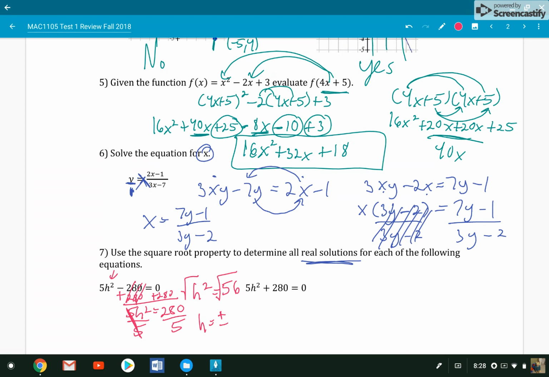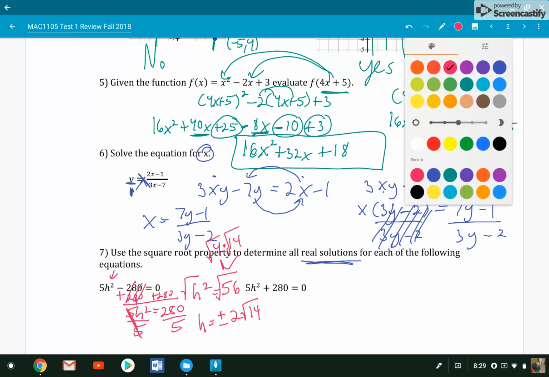See, 4 is a perfect square, and 4 goes into 56 14 times. I can think about this as being 4 times 14. The square root of 4 is 2. And I can't do anything with that 14, so it just stays the square root of 14. While it is 2 times 7, 2 is not a perfect square, 7 is not a perfect square, so it doesn't do me any good to break it down that way. I'm looking at plus and minus 2 square roots of 14 from there.